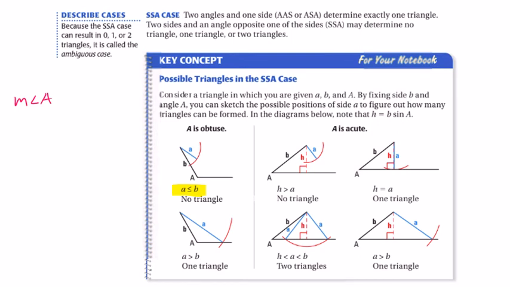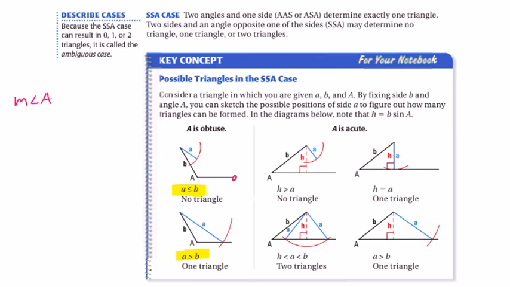That's simple as far as the side's not long enough to touch the other side here, so I can't even physically make a triangle. The next case is if A is greater than B, then I am going to get one triangle. Whatever I end up calculating, those measurements are 100% for sure.